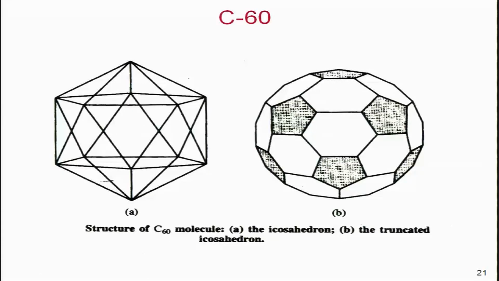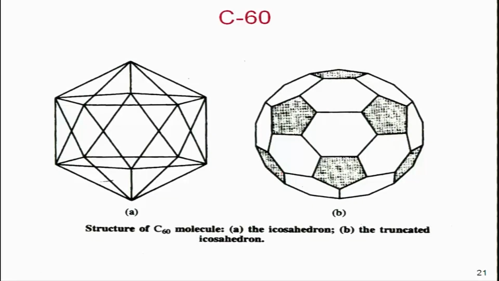You can see that if you only had pentagons, it will not make a structure, but if you put pentagons separated by hexagons, then it can make a ball kind of structure. So this is the C60 molecule which is called fullerene, and this is again a covalently bonded material. You can see that each atom has three neighbors here, sp2 hybridized structure.